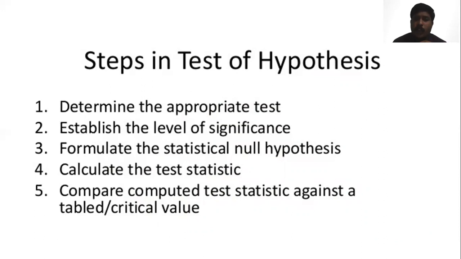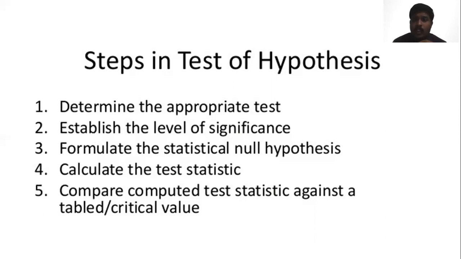Third one, you have to formulate the statistical null hypothesis. As we have seen earlier, the null hypothesis is nothing but one of the given objectives. Fourth one, you have to calculate the test statistic, the final answer. Fifth one, you have to compare the computed test statistic against a table critical value.